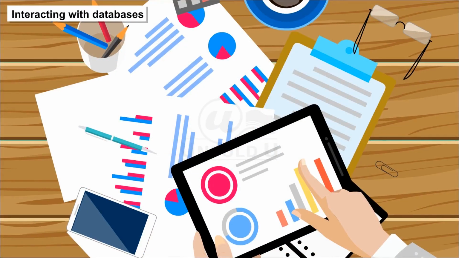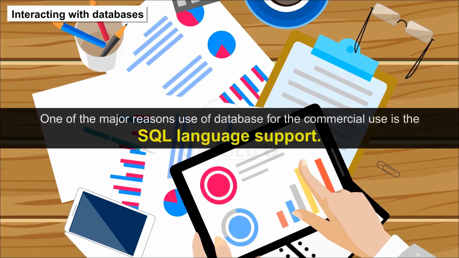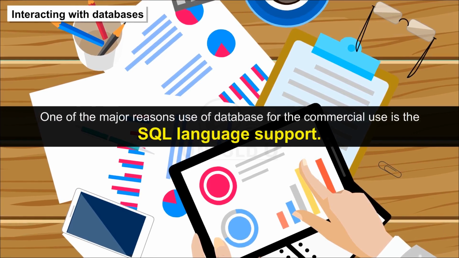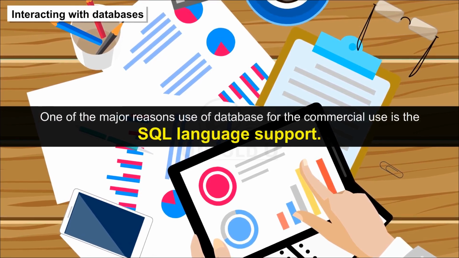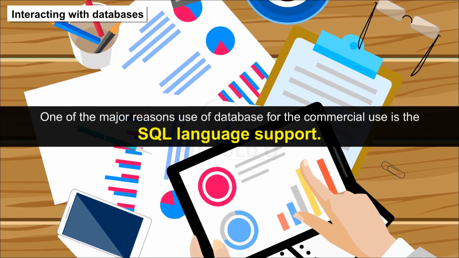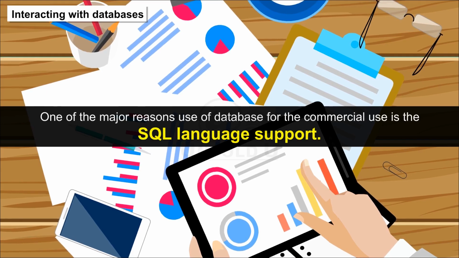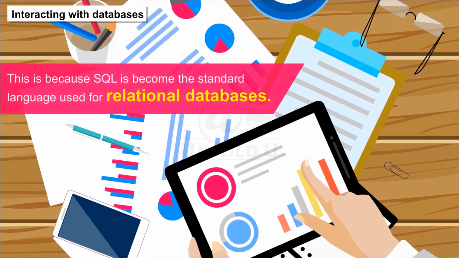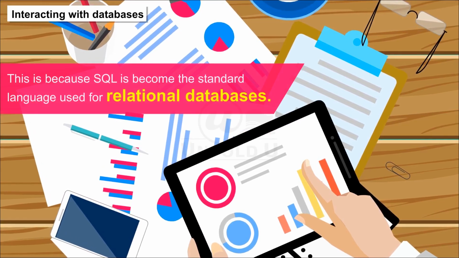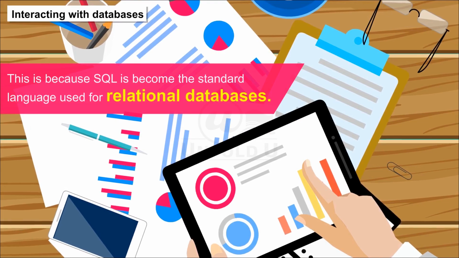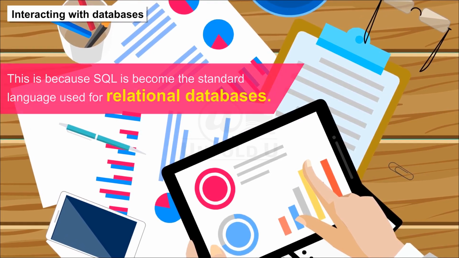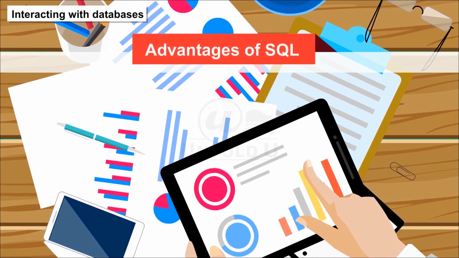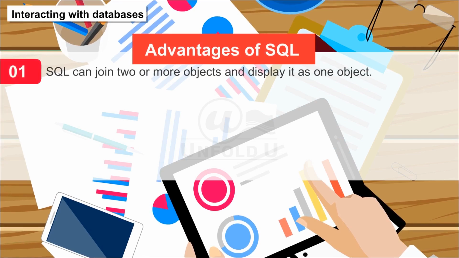Interacting with databases. One of the major reasons for the use of databases for commercial use is the SQL language support. This is because SQL has become the standard language used for relational databases. Advantages of SQL. 1.